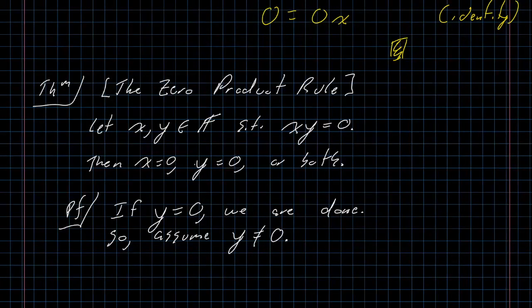Right? But again, why can't I just say, assume y is non-zero? Because if y was 0, this would be a very boring proof because we would just say, okay, if y is 0, then we've satisfied the theorem.